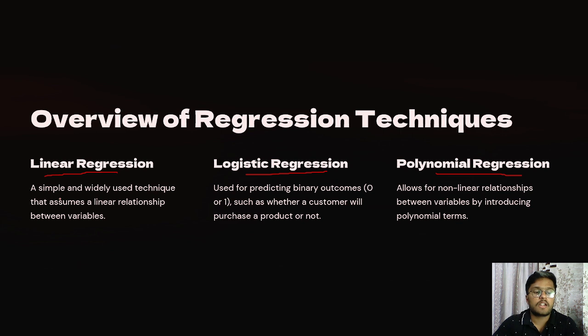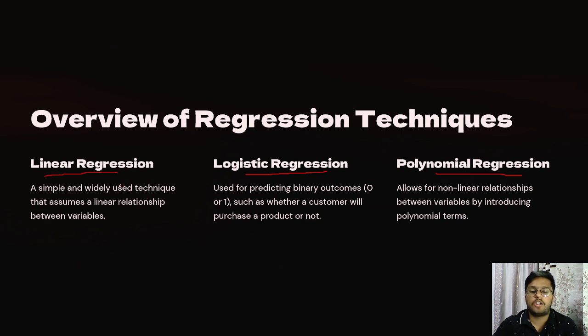Linear regression is a simple and widely used technique that assumes a linear relationship between variables. It is the simplest and most common regression method. It assumes a linear relationship between the dependent and independent variable. Example, predicting house price based on square feet.